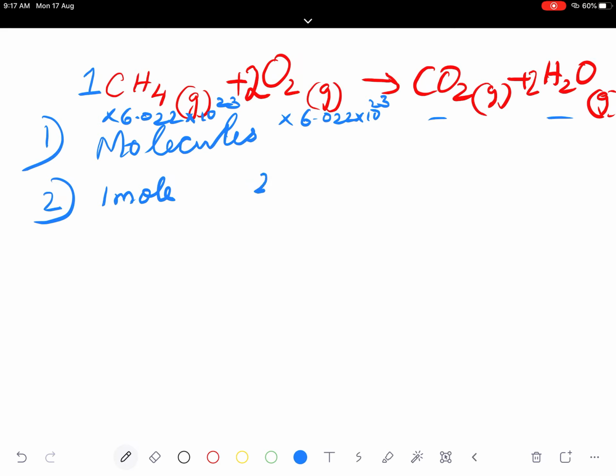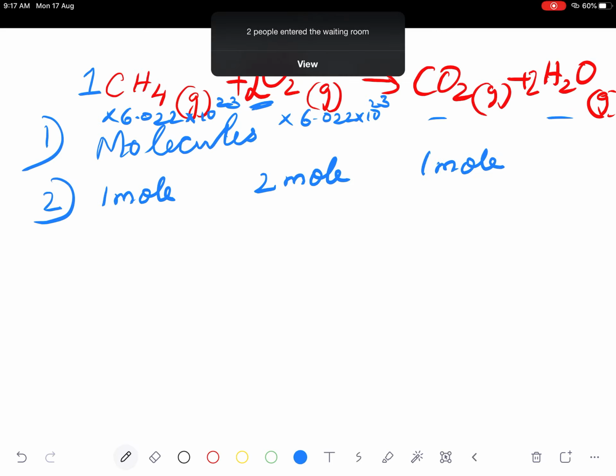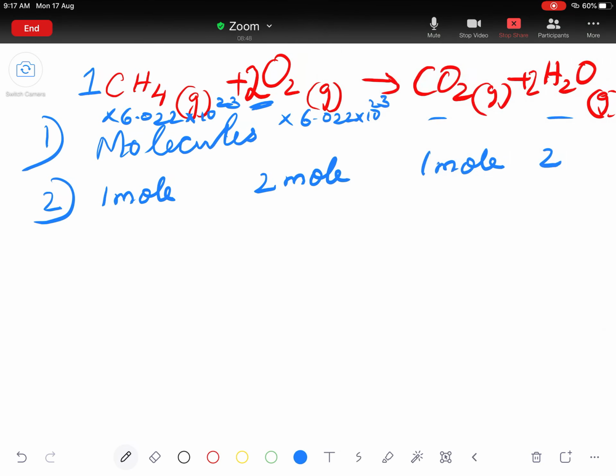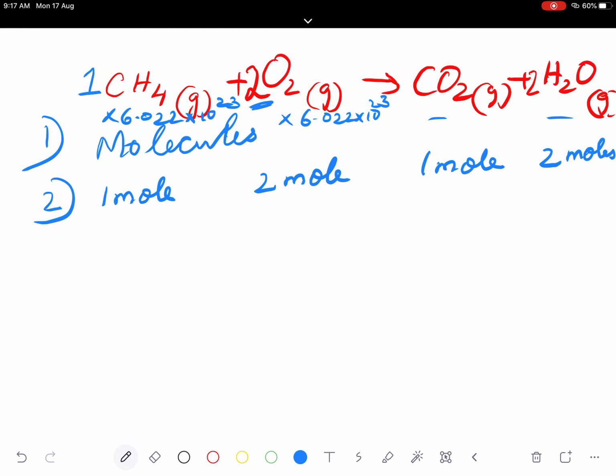Here it is 2 moles due to this 2. And here 1 mole, and here 2 moles. That means 1 mole of methane can combine with 2 moles of oxygen, and 1 mole of carbon dioxide and 2 moles of water vapor will be produced. So first I talked in terms of molecules, then moles.